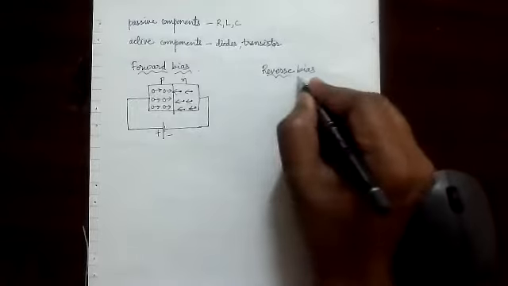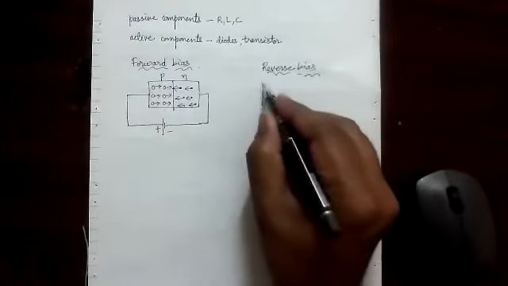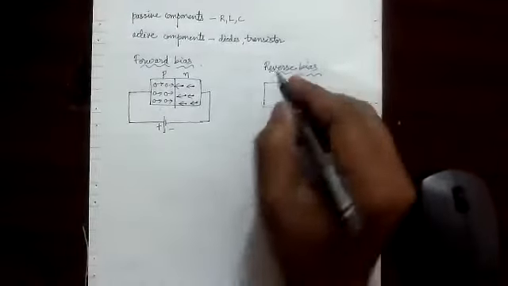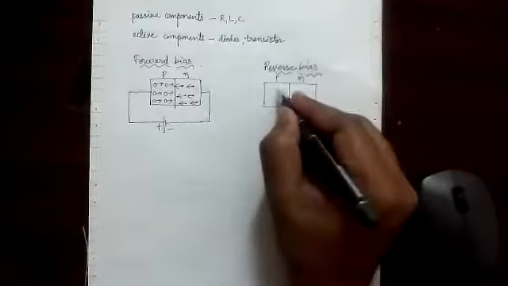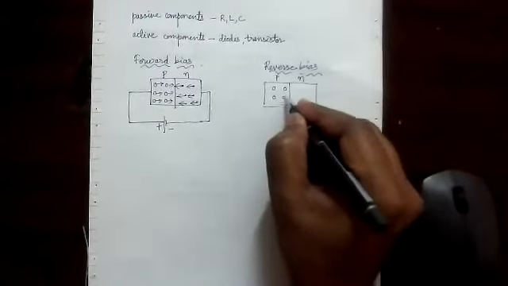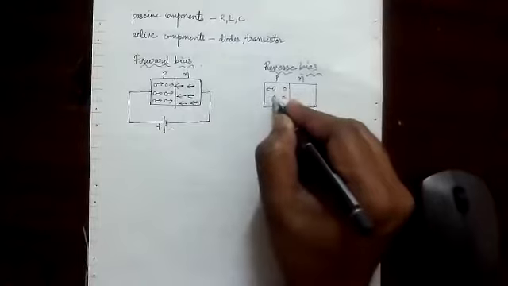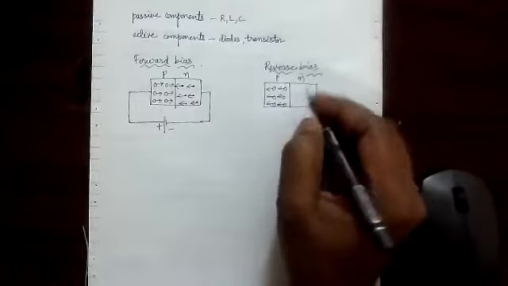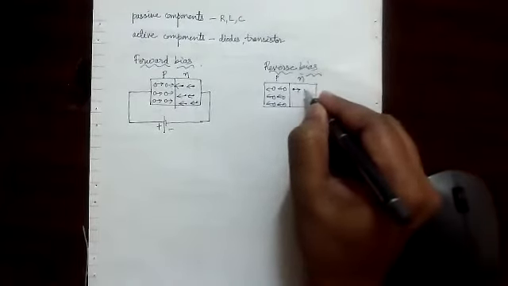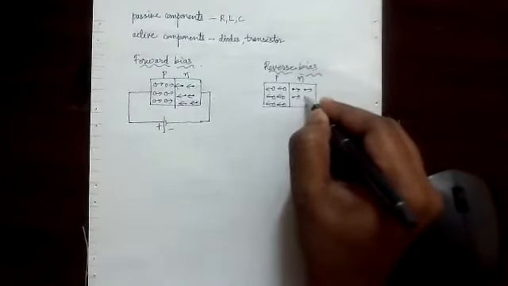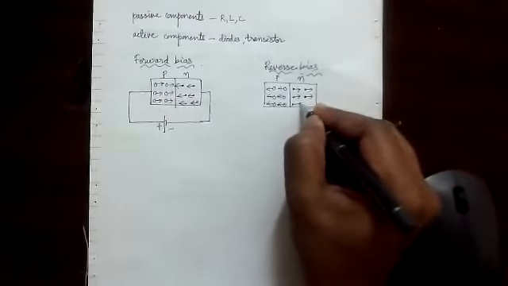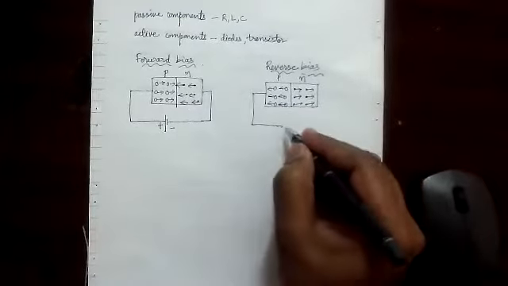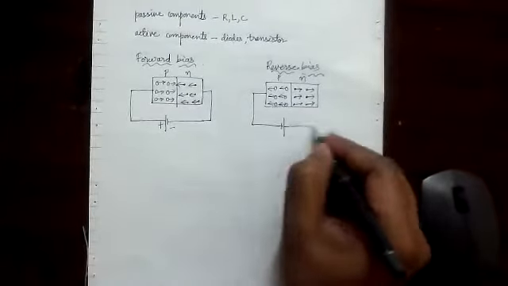what is happening in reverse bias? Again I am drawing a PN junction diode. This is P and this is N, and these are the holes, and these are the electrons. So what happens in a PN junction diode if P is connected to negative and N is connected to positive?